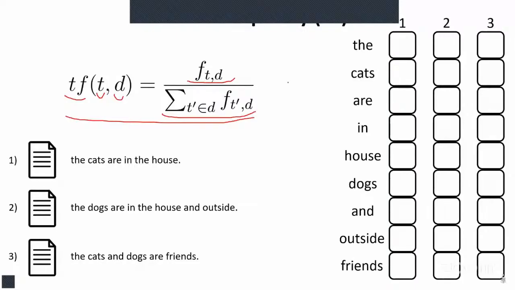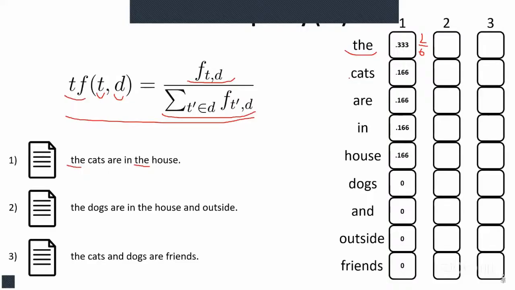If we apply this formula, we obtain the following values for the term frequency of our first document. For instance, the word D is found twice in our document, once here and once here. So the value of the numerator is equal to 2. We have a total of 1, 2, 3, 4, 5, 6 words in the document, so the value of our denominator is equal to 6. If we divide these two values, we obtain 0.333.